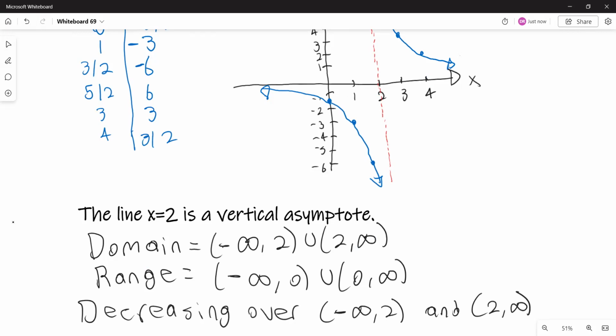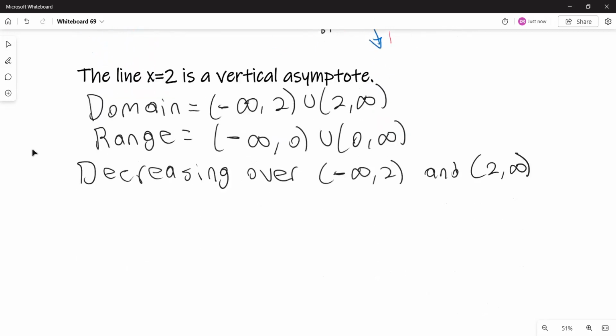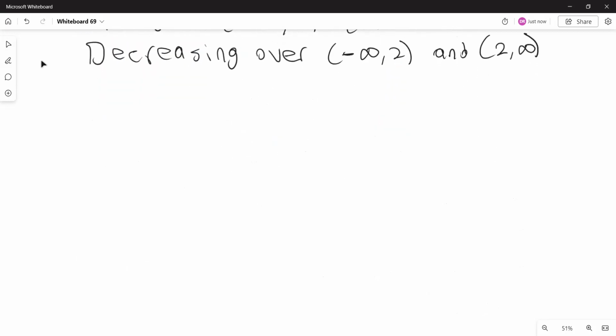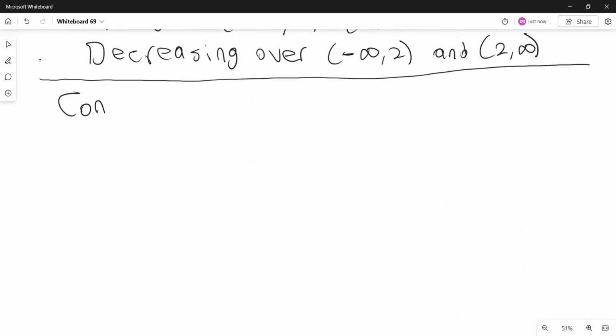Okay, the next rational function that we'll study is going to be 1 over x squared. So let's consider f of x equals 1 over x squared. So this is also undefined at 0.